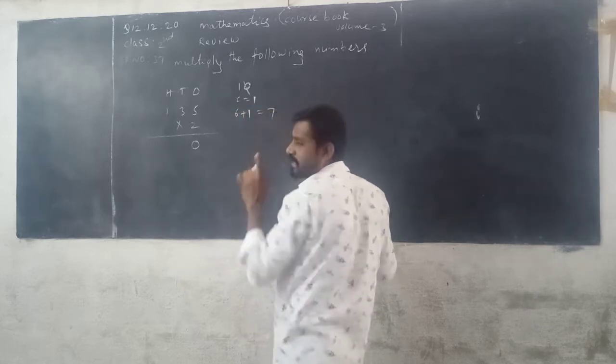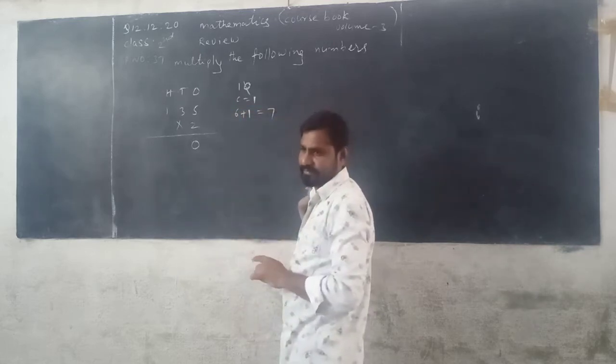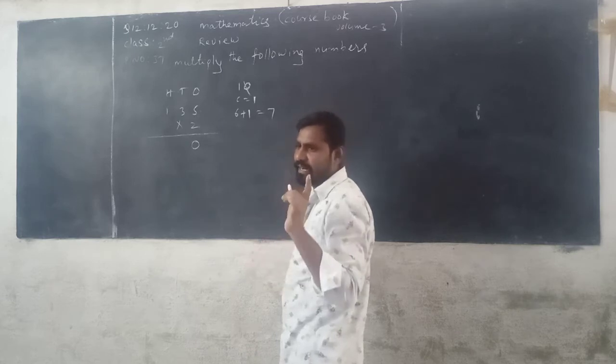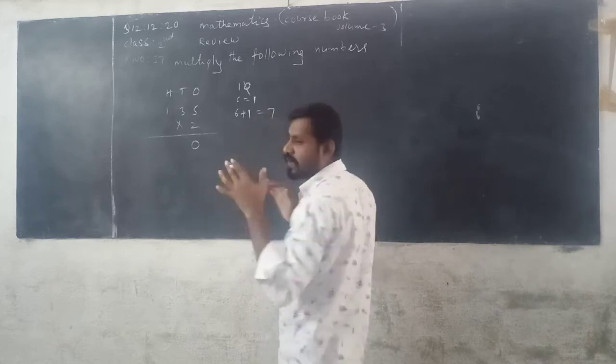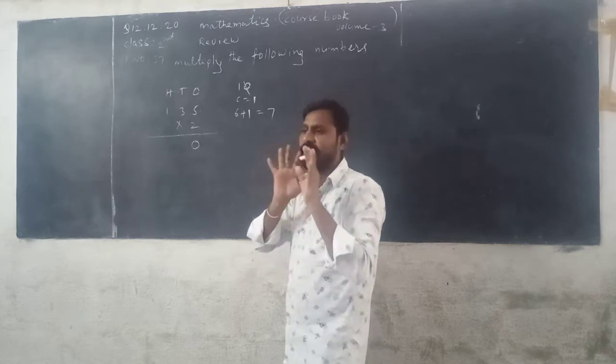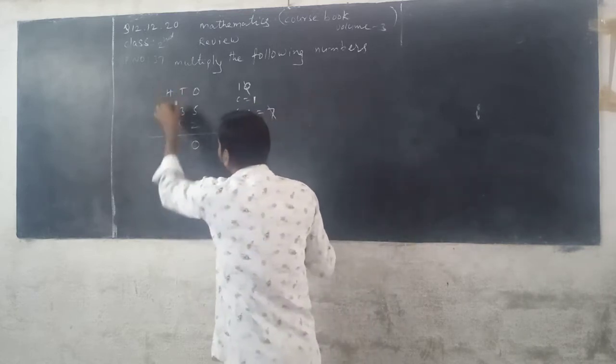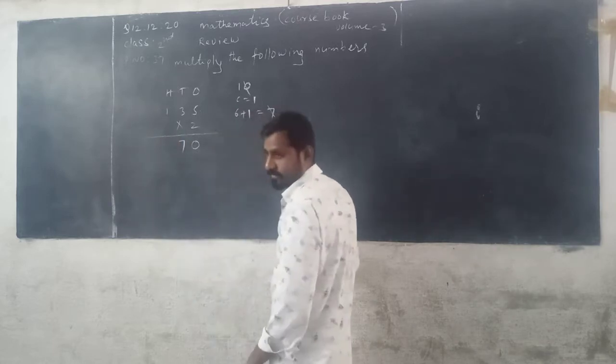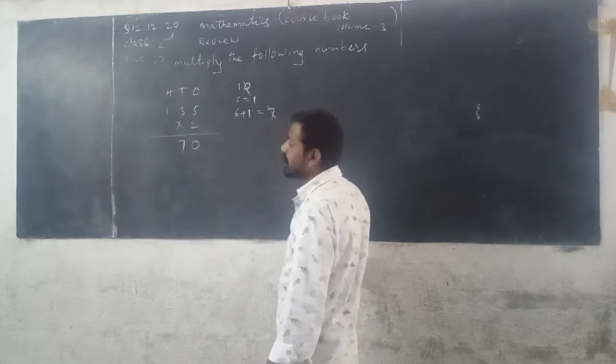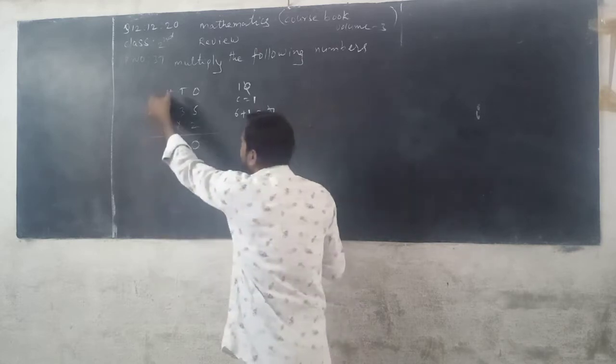7 is a 1-digit number, so there is no carrying, only taking. Then you can write 7 directly as the product of the tens column. Now next we multiply the digit in the hundreds place.